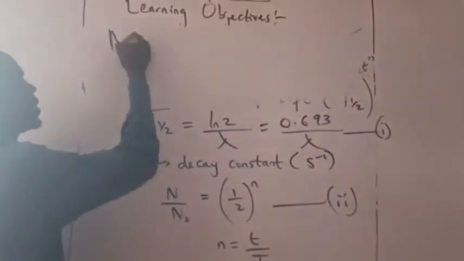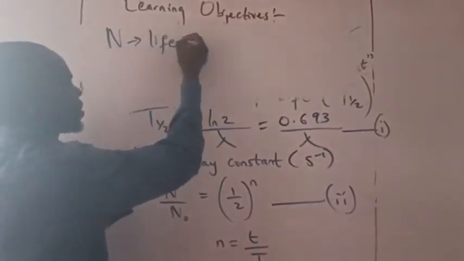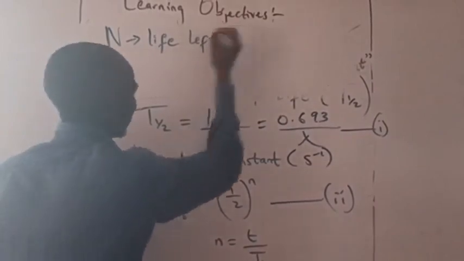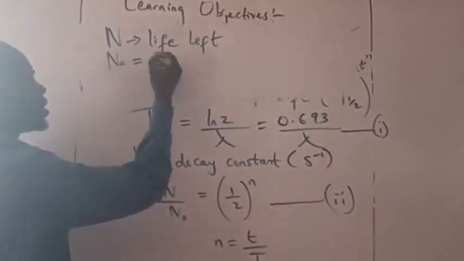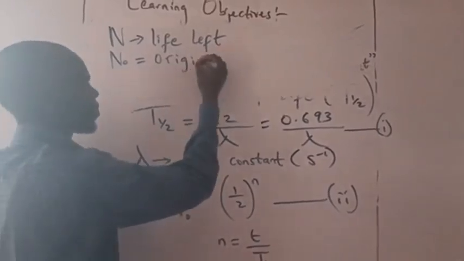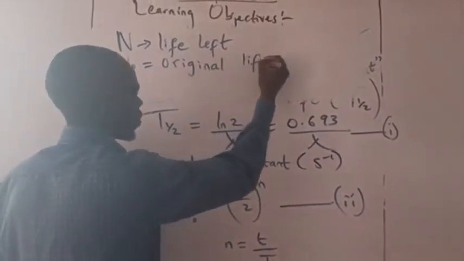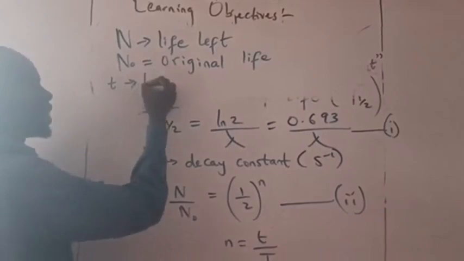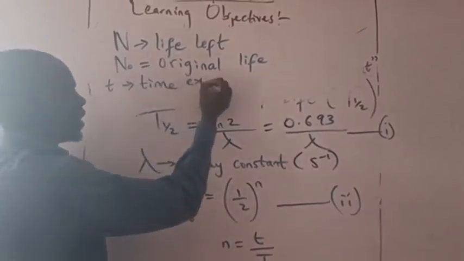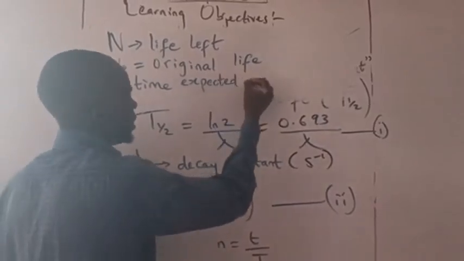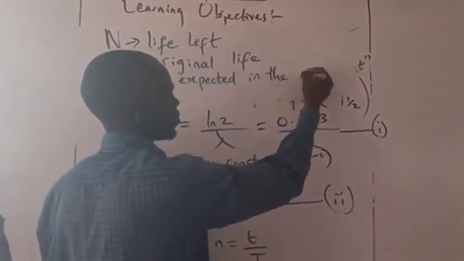Our capital letter N is the life left. Our N sub 0 is the original life. Our small letter t is the time elapsed.